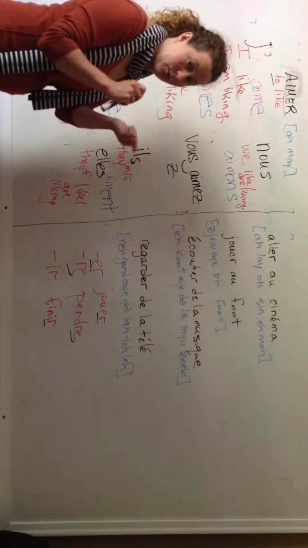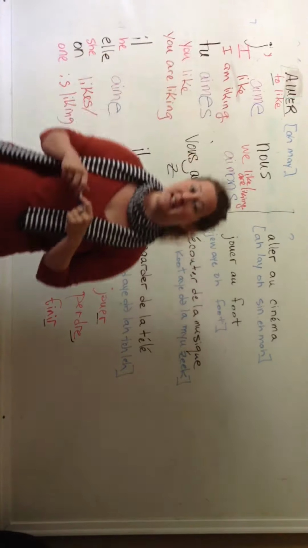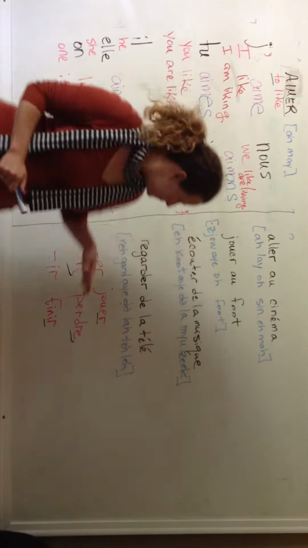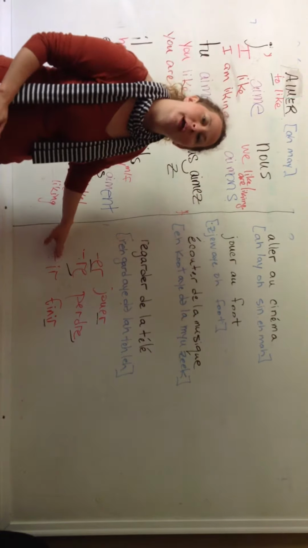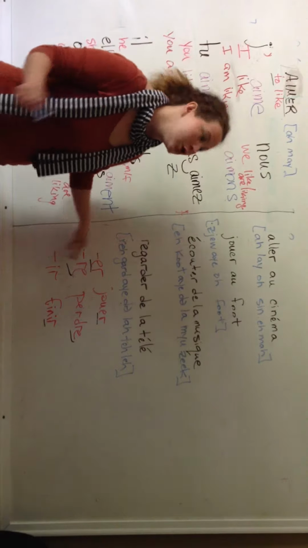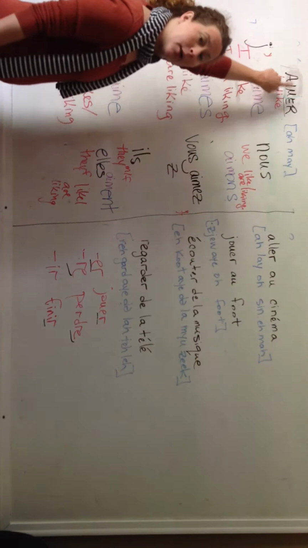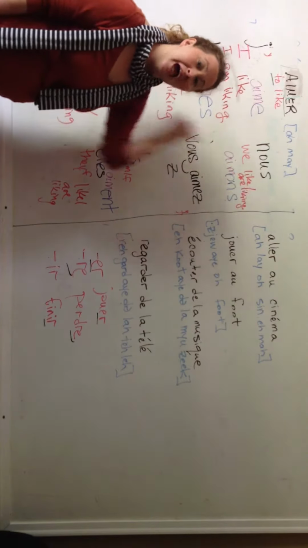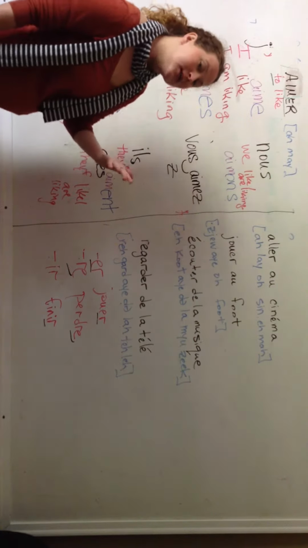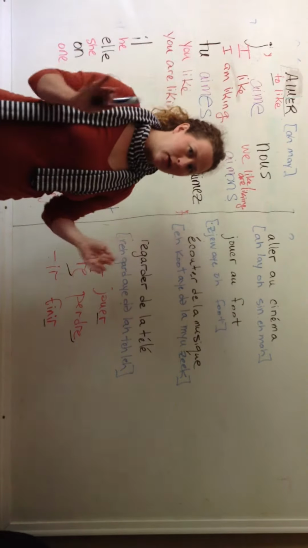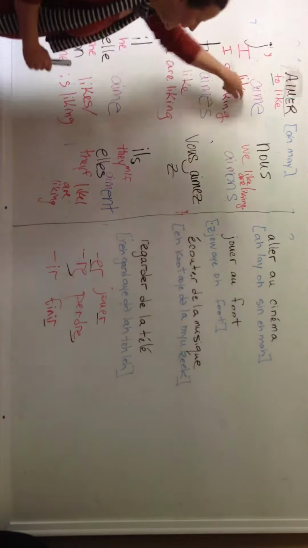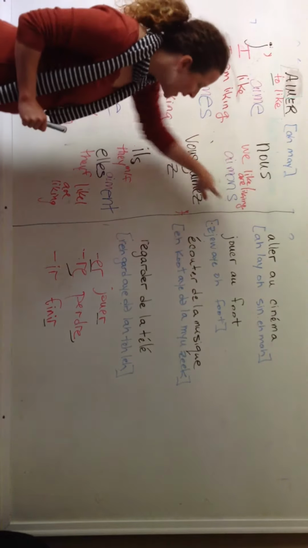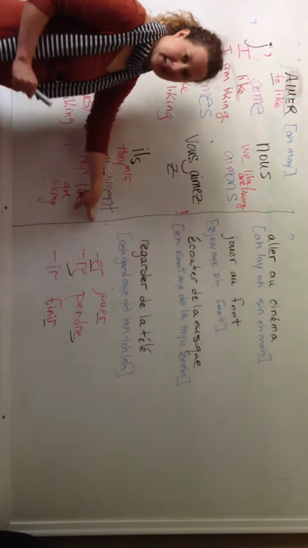So anyway, to review really quickly, infinitives end in ER, IR, or RE. Infinitive is to plus the verb, to infinity and beyond. Your endings for a regular ER verb are e, es, e, ons, ez, ent.